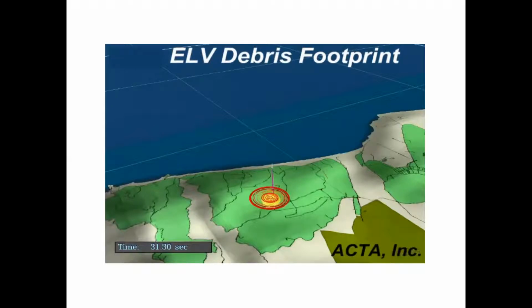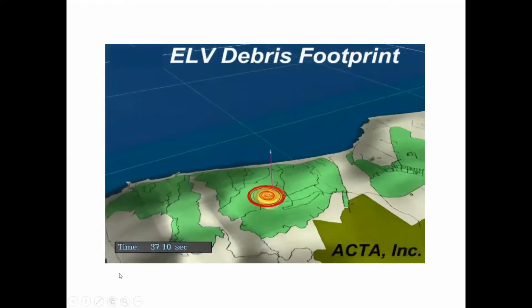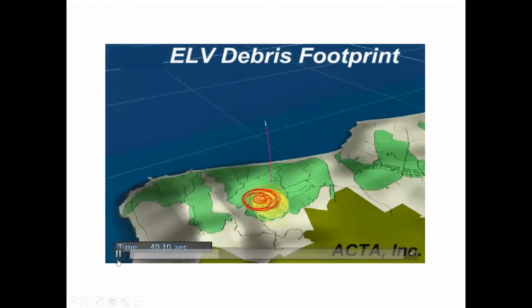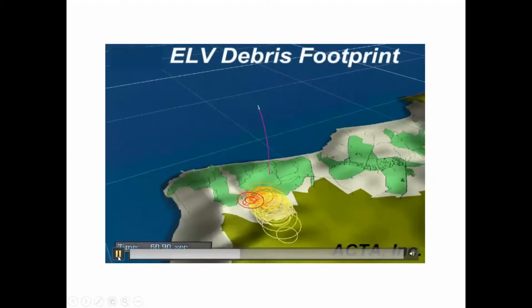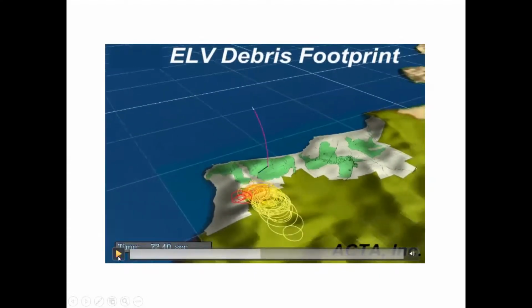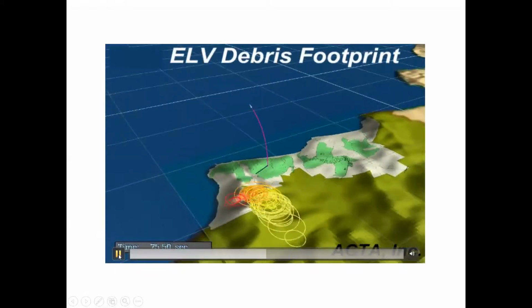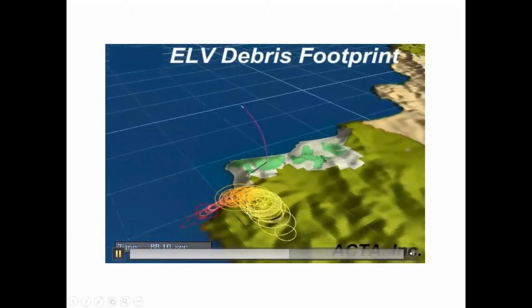So the debris footprint starts off very typically as looking like circles. Okay, can you roll forward to 60 or 90 seconds? All right, so we see the footprint evolving. Stop at 90 seconds, please.